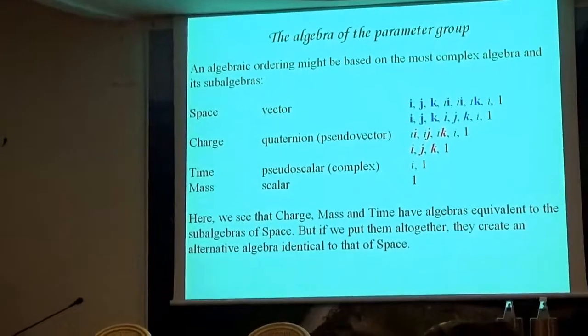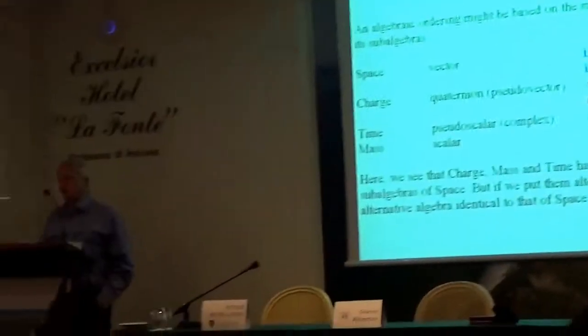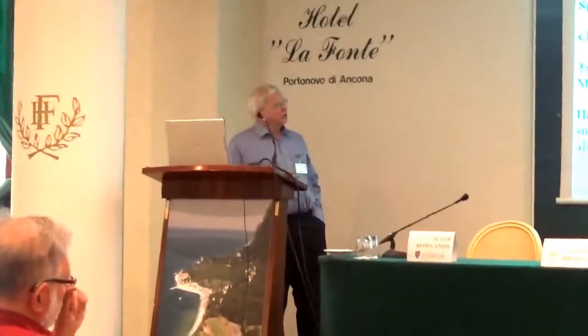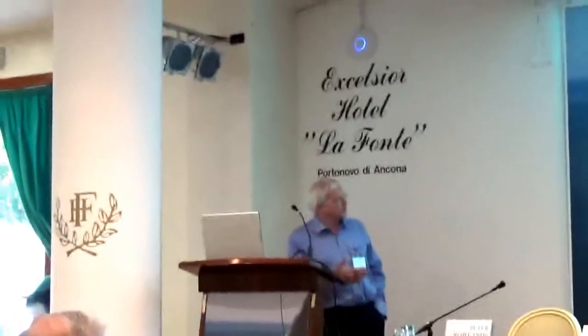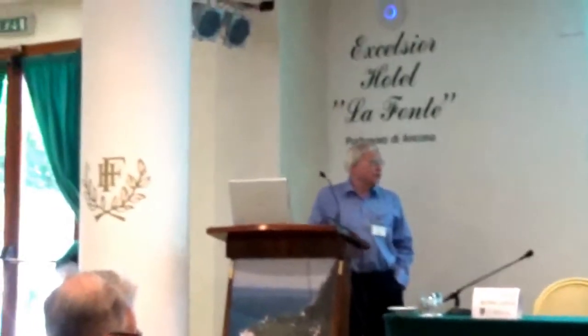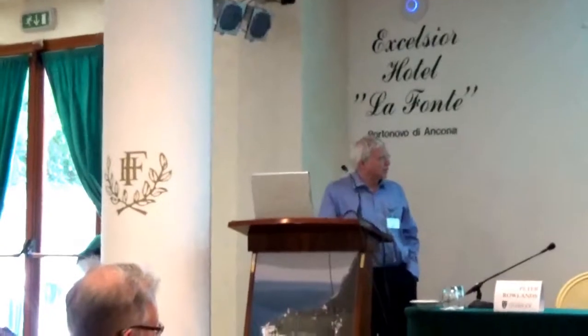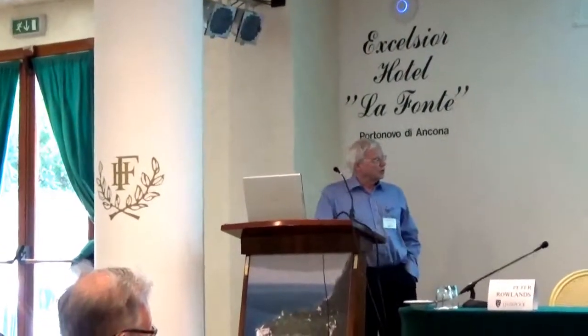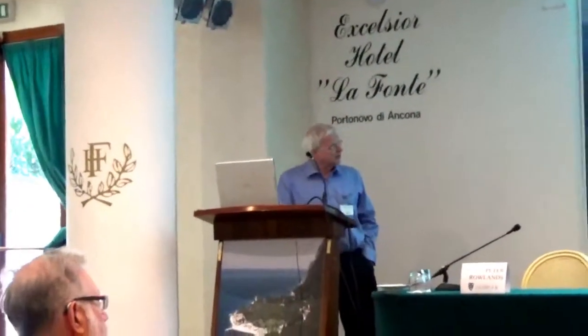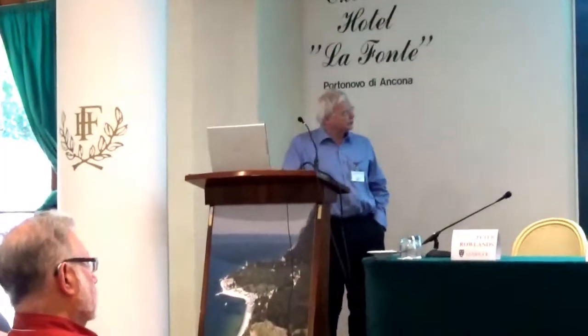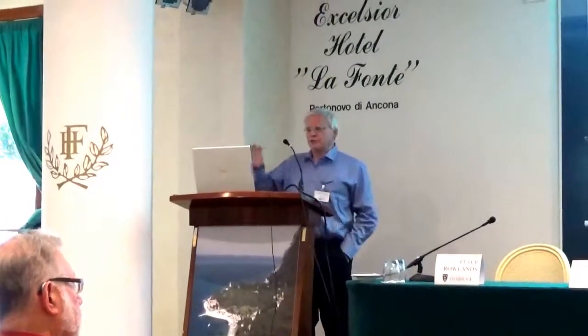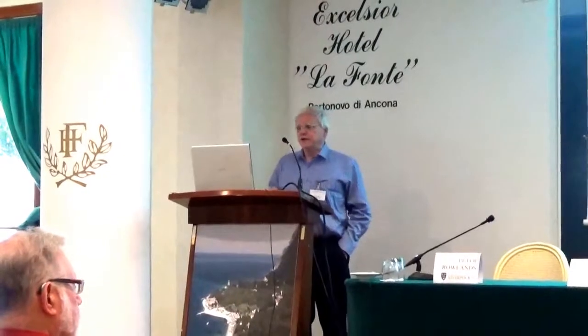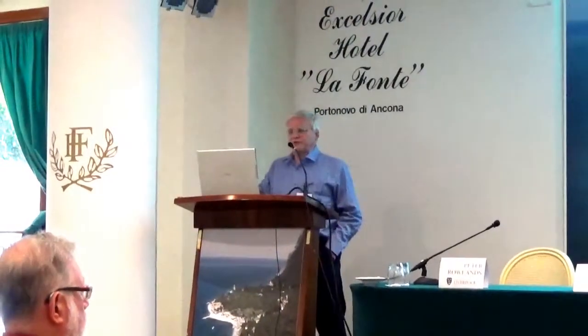So I can represent space's properties using vector, pseudo-vector, pseudo-scalar and scalar, or I can represent it using vector, quaternion, pseudo-scalar and scalar. And charge, similarly, is like a subset of space, and so is time, and so is mass. So the other three properties other than space have algebras which are subsets of the main algebra.